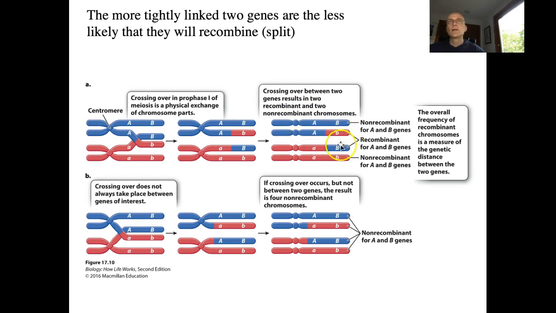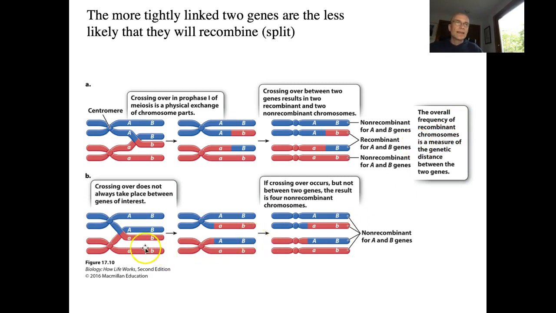Your book says here, the overall frequency of recombinant chromosomes is a measure of the genetic distance between two genes. I want to come back to that in a second. Why do you think the overall frequency is a measure of the distance between two different genes? Think about that for a little while. We come back to that in a second.